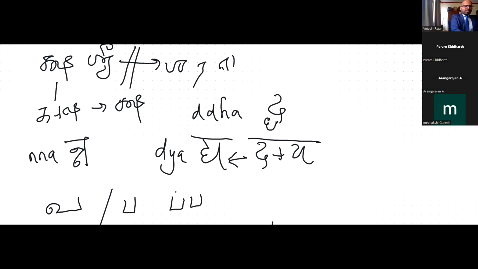So yeah, I said right. In most cases, when you see the conjunct, a samyuktakshara, it's quite clear what the individual parts are. For instance, this is clearly sh and ch.